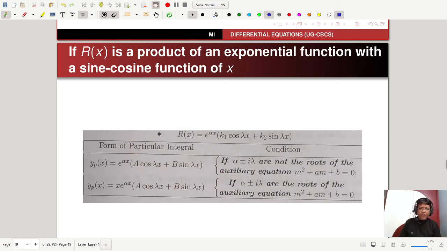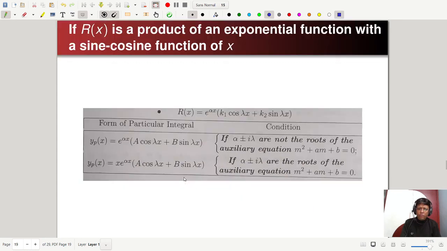And if alpha plus minus i lambda are the roots of the auxiliary equation, then it will be x e to the power alpha x (a cos lambda x plus b sin lambda x). So x is multiplied with the previous case. So in this case also, you can deal with the problems of differential equations having the product of exponential and sine cosine. So I think you don't have any problem dealing with those problems.